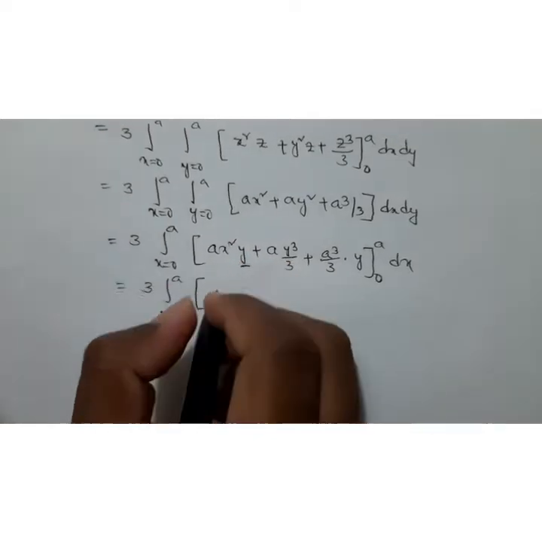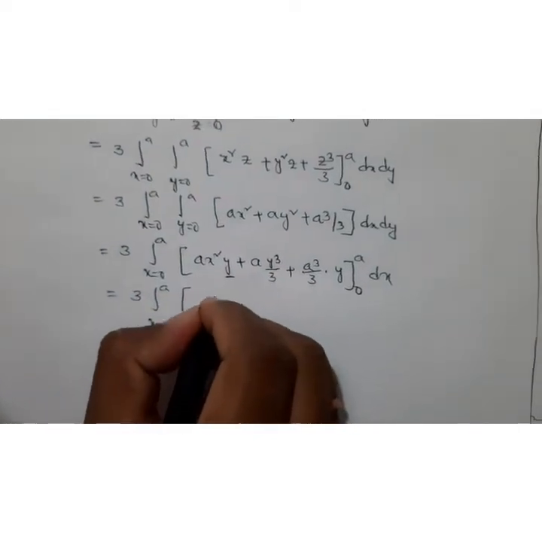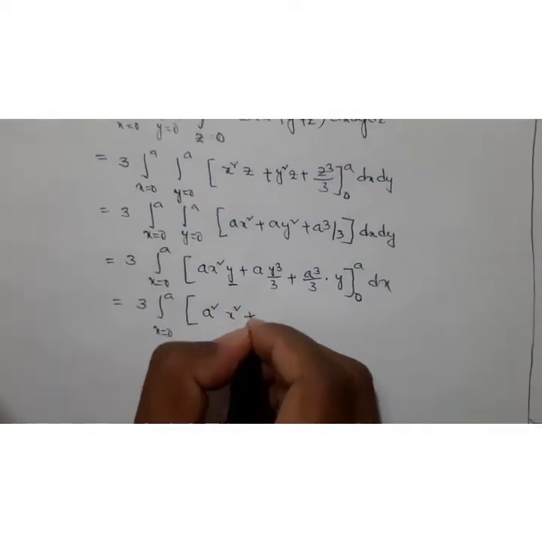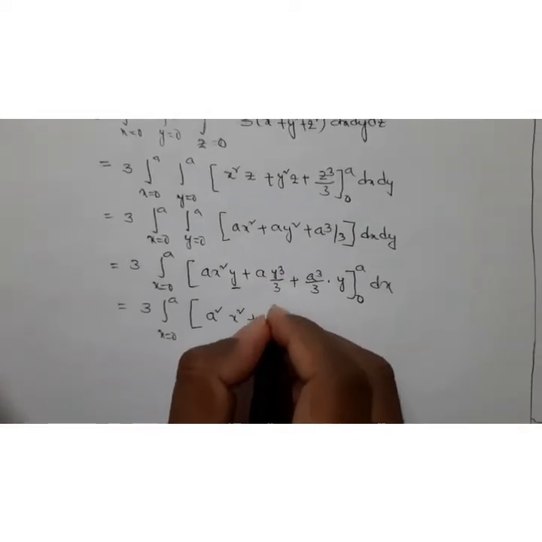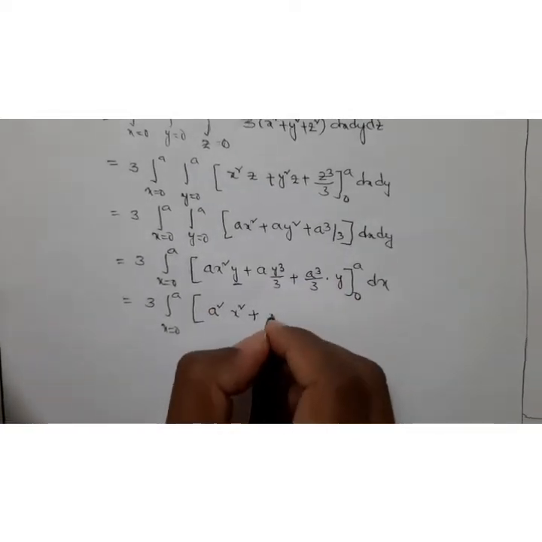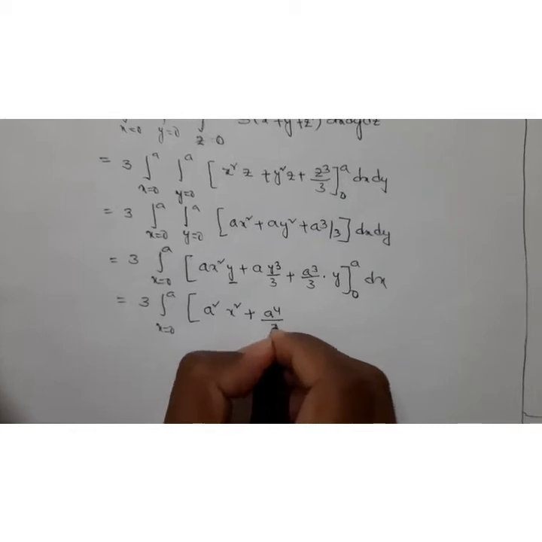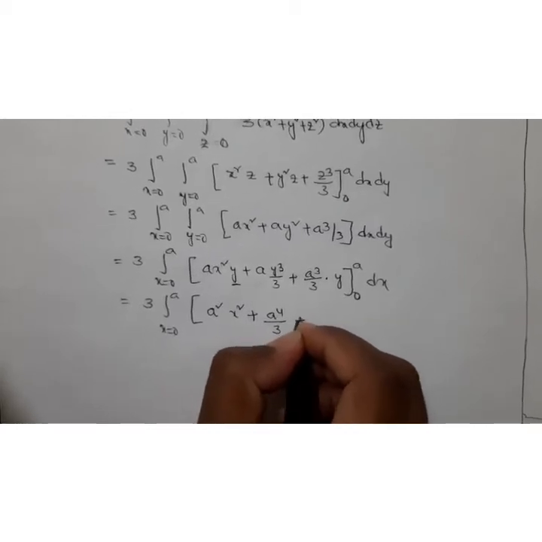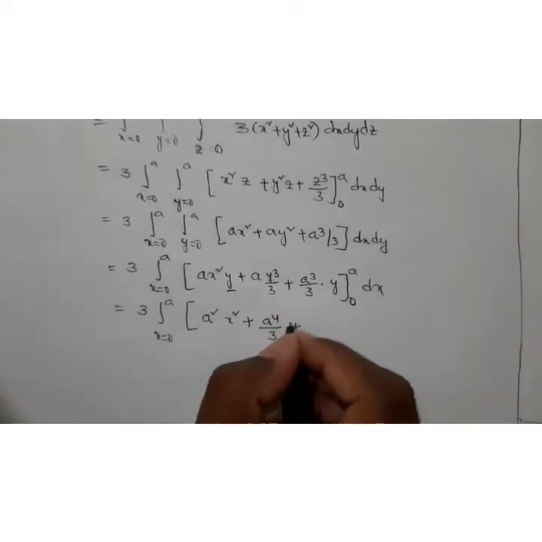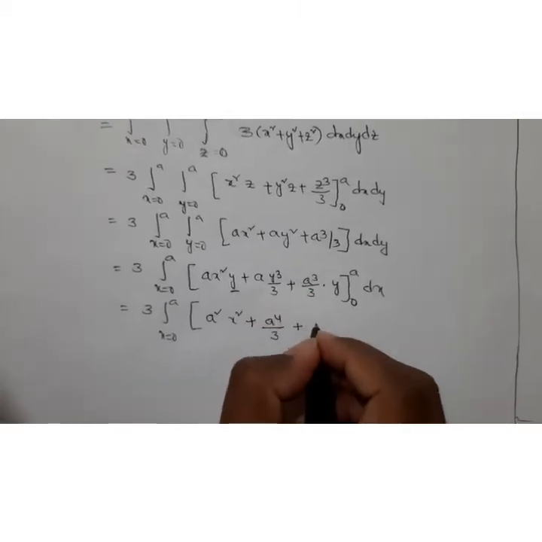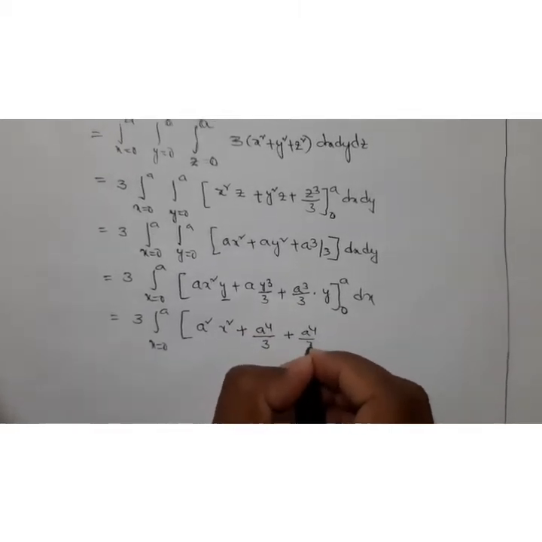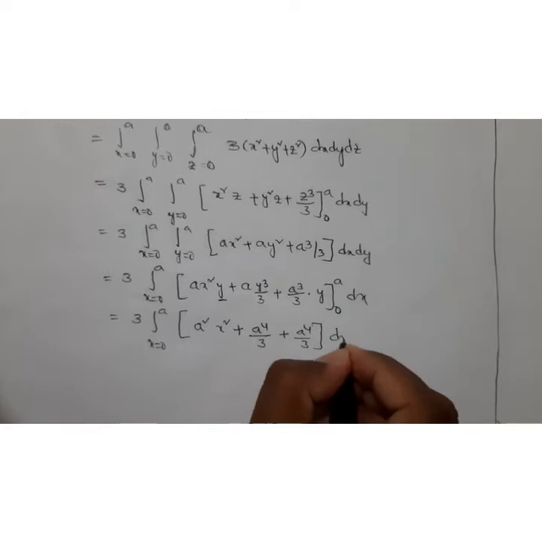In place of y we substitute a: a square into x square plus a power 4 by 3 plus a power 4 by 3. The lower limit gives 0.